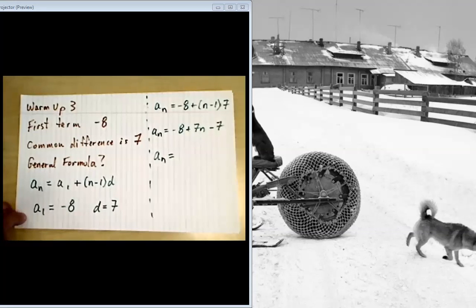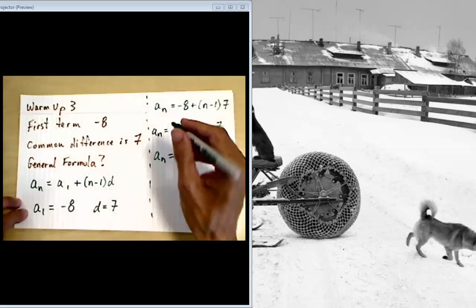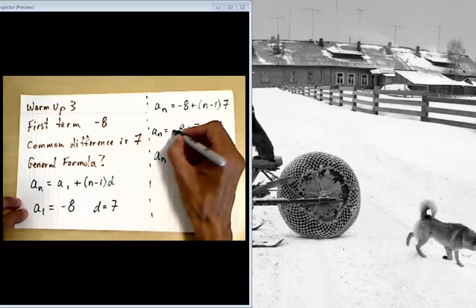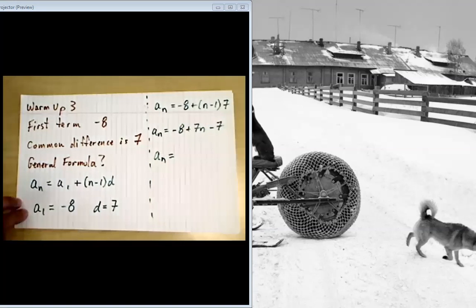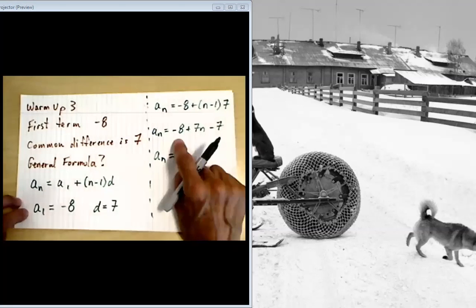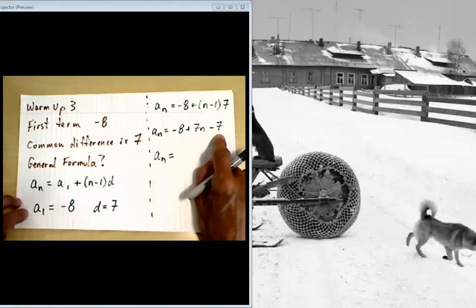So minus 8 and minus 7. Well, the signs are the same, so you can just add those up and keep it negative. Think of the t-shirt: $8 off and then $7 off.